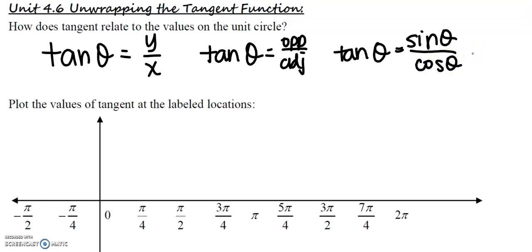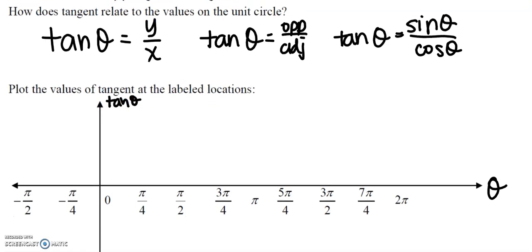Well, in thinking about this then, we could take our sine graph and our cosine graph, and at every angle divide sine by cosine and get a value for tangent. But we can also use our tangent values that we already know on our labeled unit circle, because we already did that work. So in goes theta, out comes the tangent of theta.